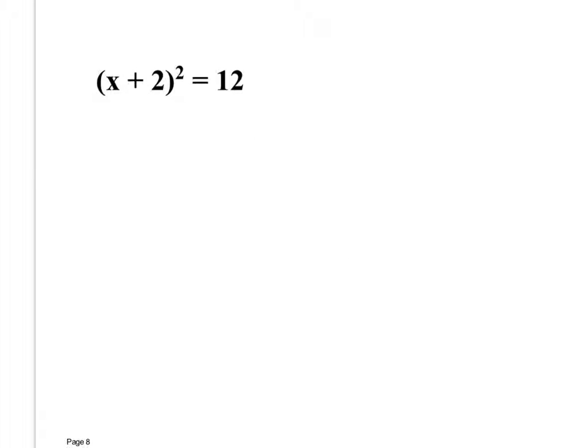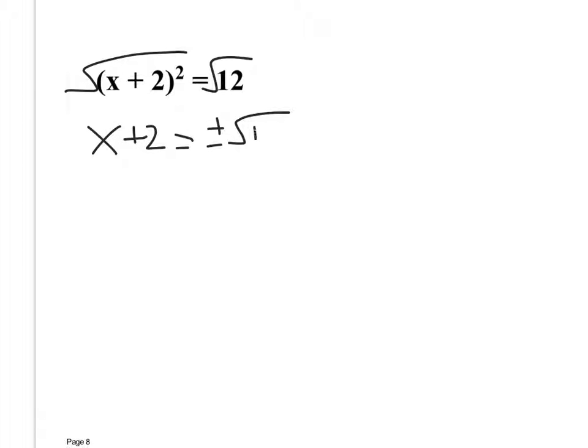Here you're given x plus 2 squared is equal to 12. I want to get rid of the square. All right, so I square root both sides, which gives me x plus 2 on one side, and it gives me plus or minus the square root of 12 on the other. Is 12 a perfect square? No. So here's what I want you to do with this.